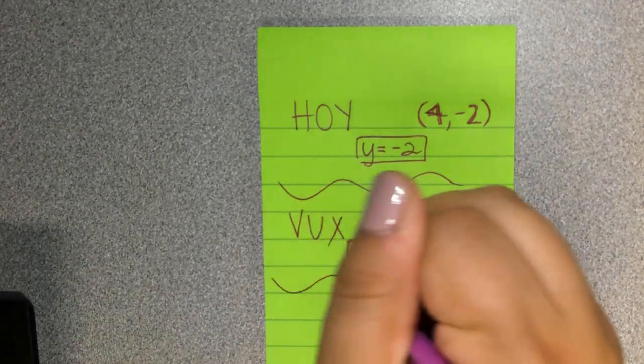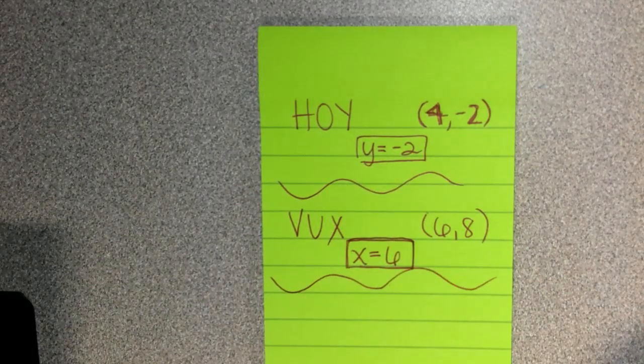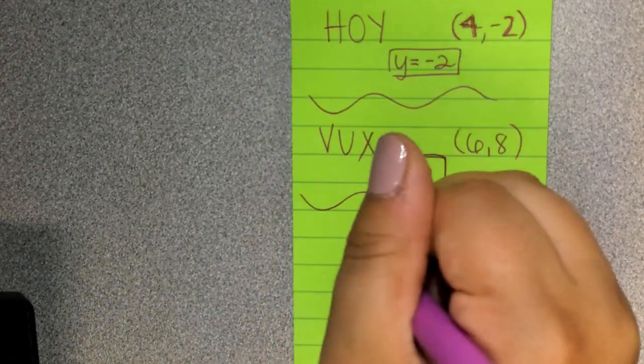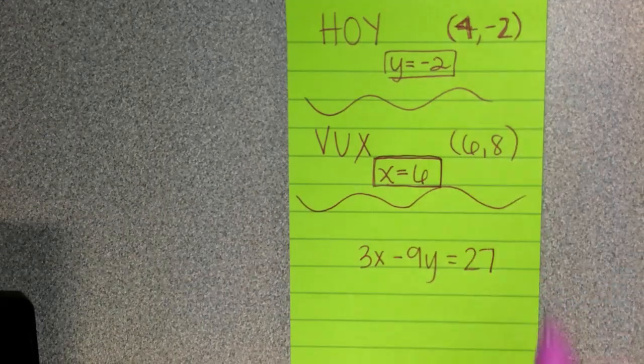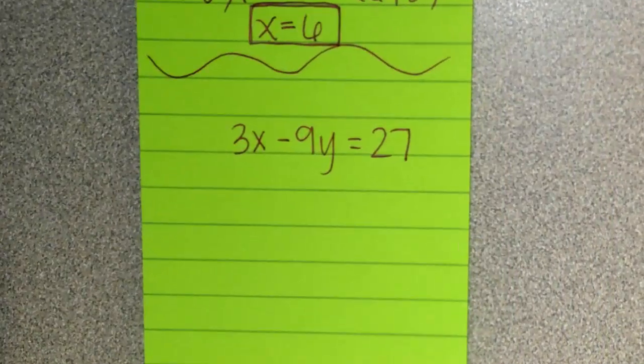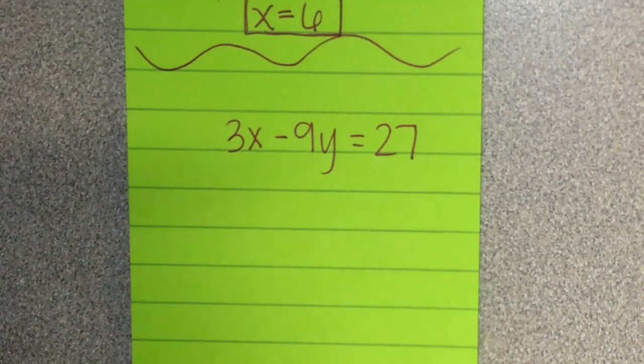Okay. Next, look up. I want you to find the slope and the y-intercept of 3x minus 9y equals 27. How do you find the slope and y-intercept of this equation?